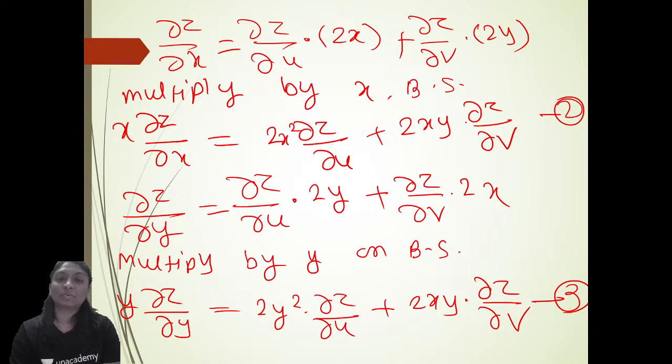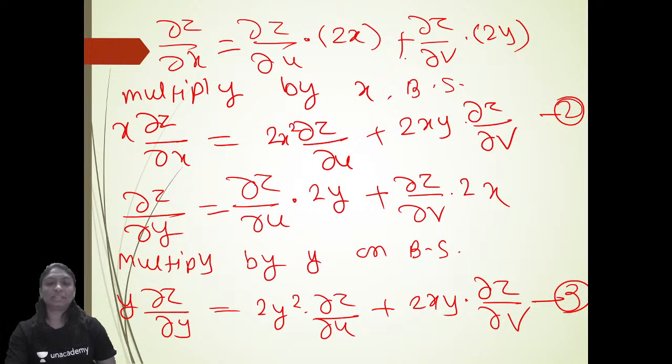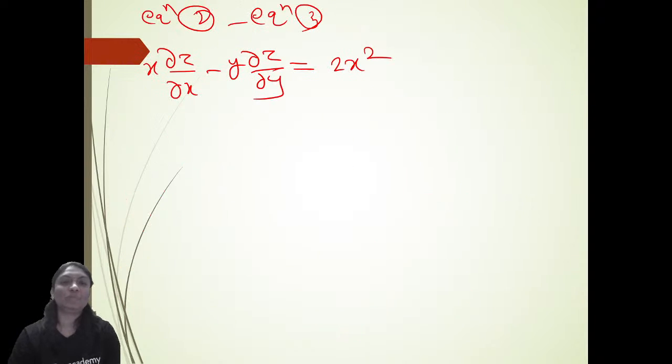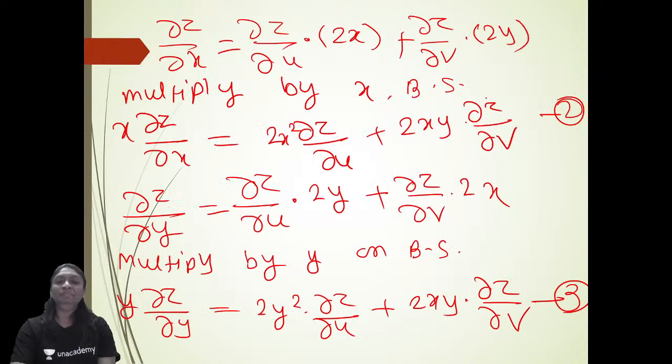So 2x square ∂z/∂u, minus 2y square, or you can write (x square minus y square) into ∂z/∂u, right?